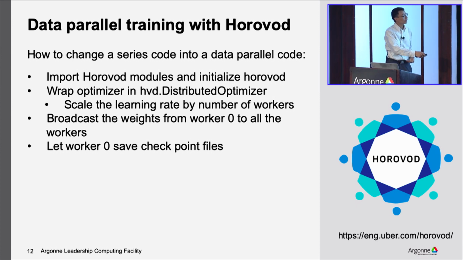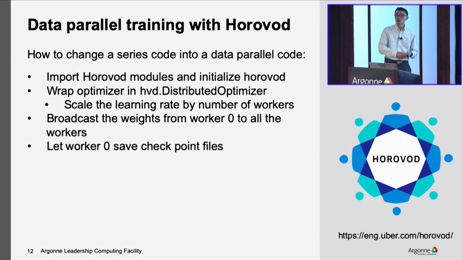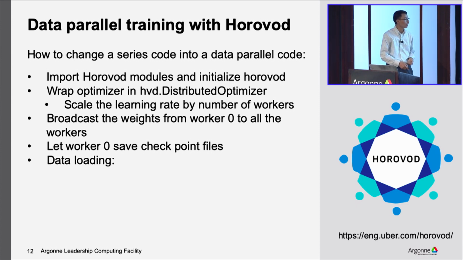And also in the training, sometimes we cannot finish the training, so we save checkpoint files, and it's important to let just one of the workers save the checkpoints, so it won't interfere and write files that cannot be used later. So just let one worker do the checkpoint file writing.